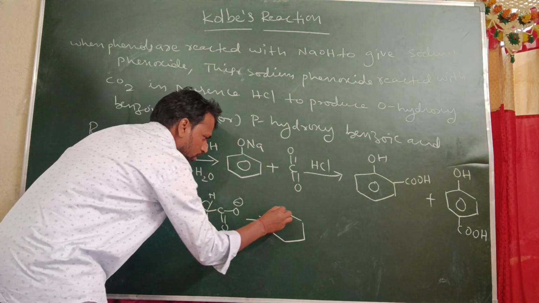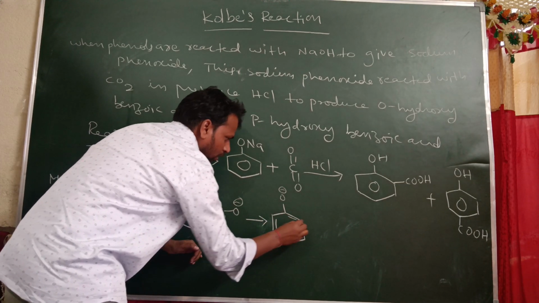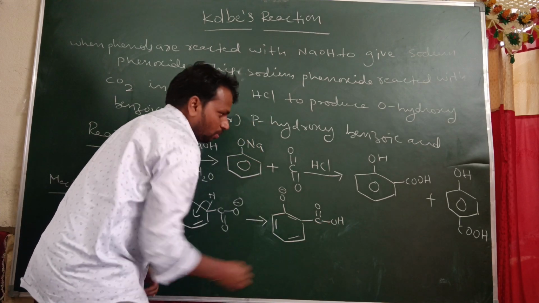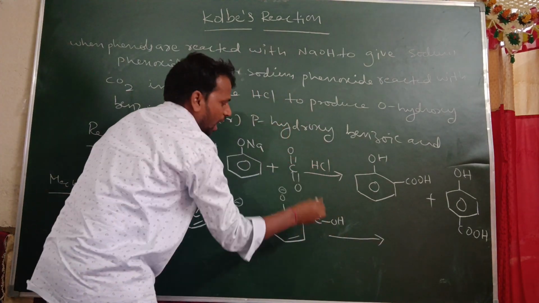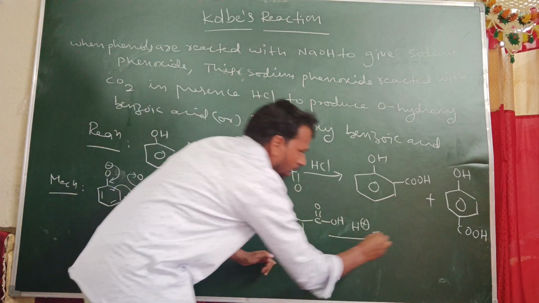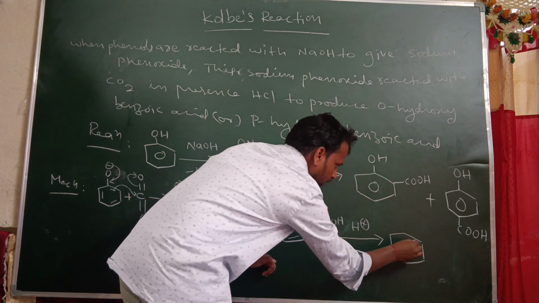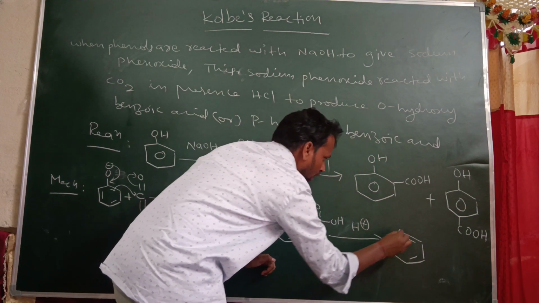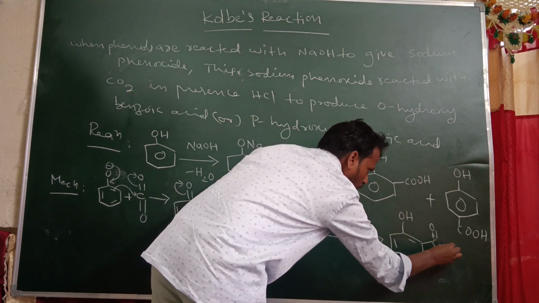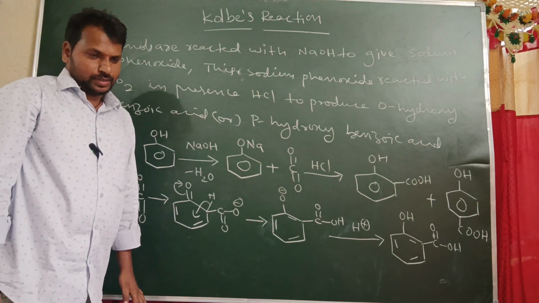So O minus, pi bond and pi bond, here C double bond O and OH are formed. Then protonation takes place from the acid, on this O minus, and it forms like this: here pi bond and pi bond, and this is OH, C double bond O, OH. Right now this is the mechanism.